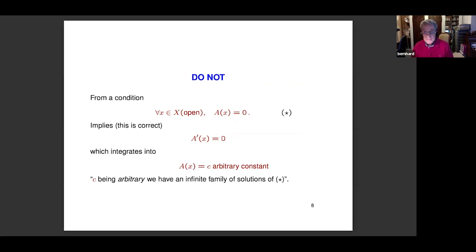And if you integrate back, you get a of x equal constant. Does that mean that there is an infinity of solutions? Of course not. If you differentiate, you get a necessary condition, you integrate back, and you cannot ascertain that the integration constant that you have is arbitrary. I say that because I've seen this kind of mistake in several papers.